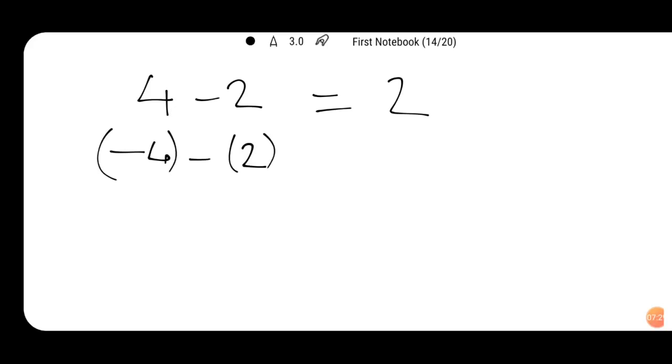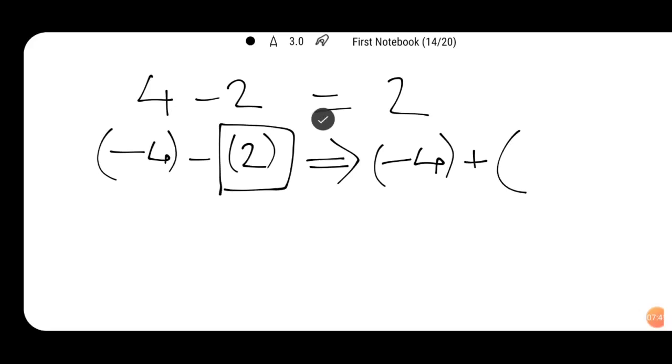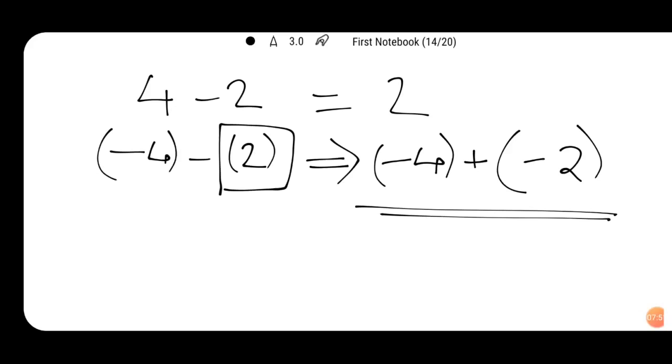Here again it is subtraction. So we will change it as negative 4 plus the additive inverse of positive 2. What is the additive inverse of positive 2? It is negative 2. Now again it has become addition of integers.